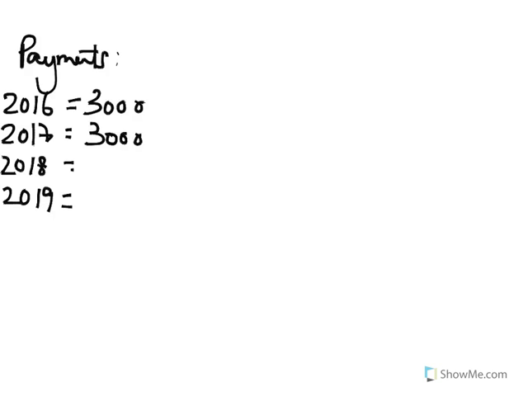The payments, let's say, will begin in 2016, 2017. They will go on, 2018, 2019, and each of them is going to be for $3,000. Therefore, we know that this is an annuity because these are equal amounts and spaced equally. All right, so now for the student, the question is, how much are these worth today?